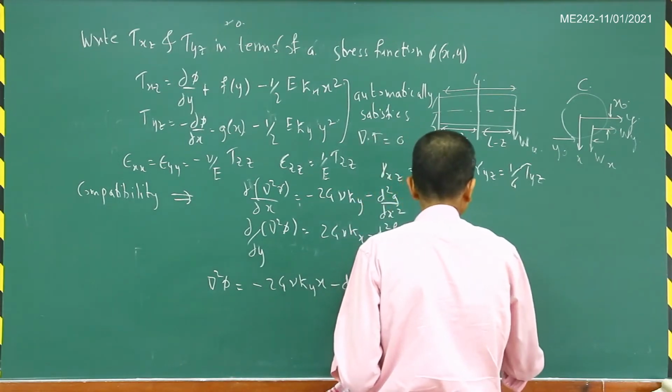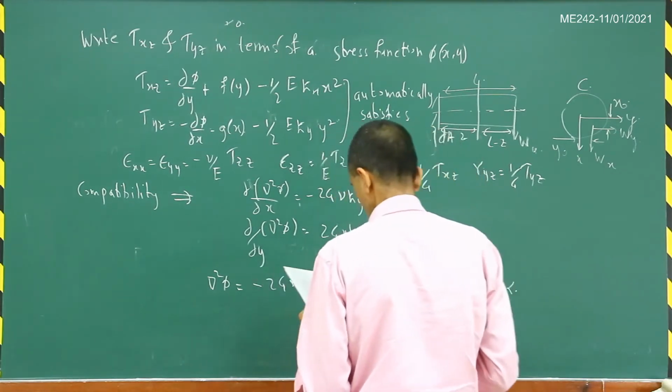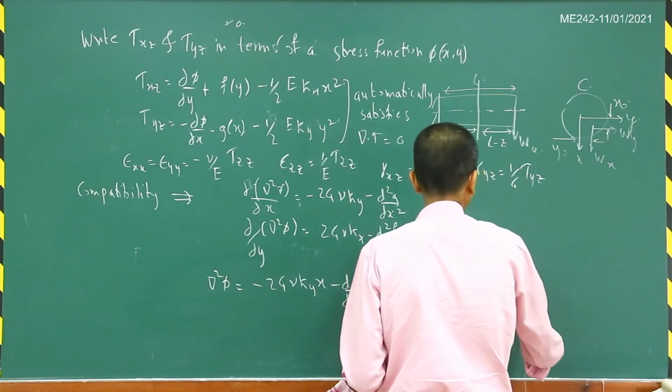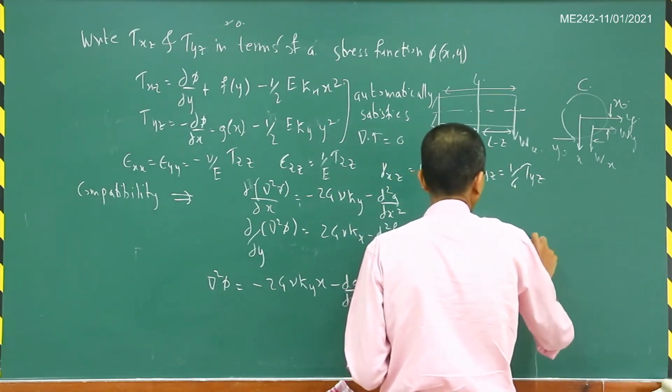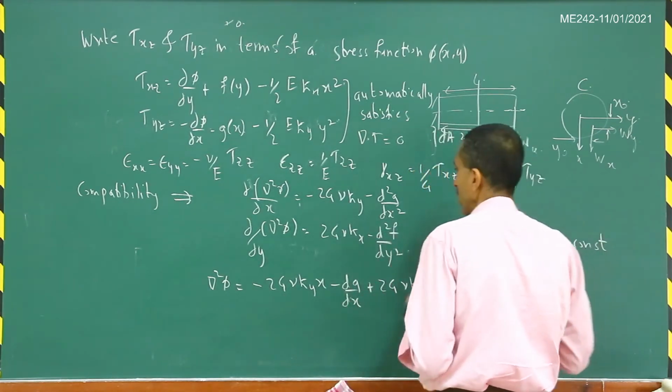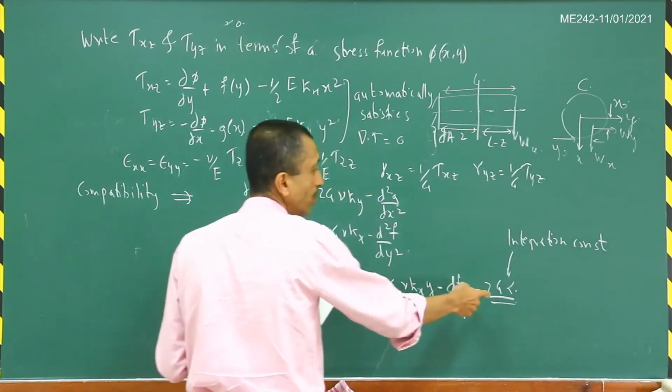minus 2G alpha. This 2G alpha is an integration constant, because when you are integrating this you need an integration constant.